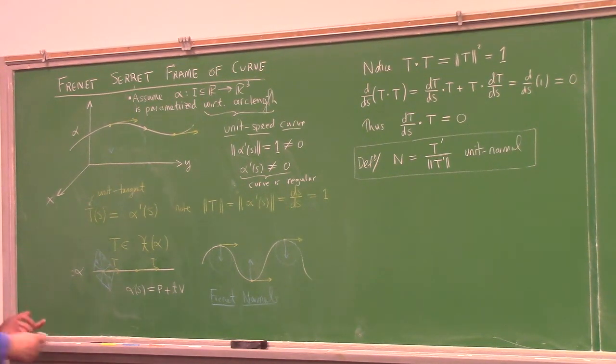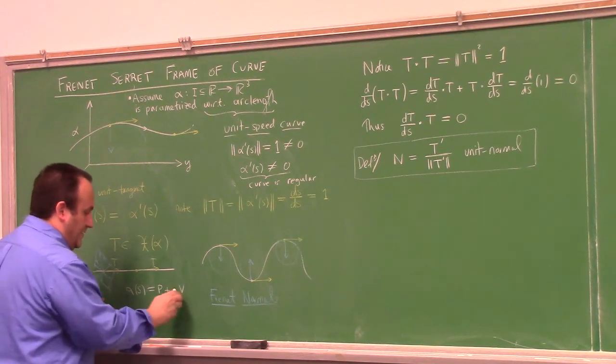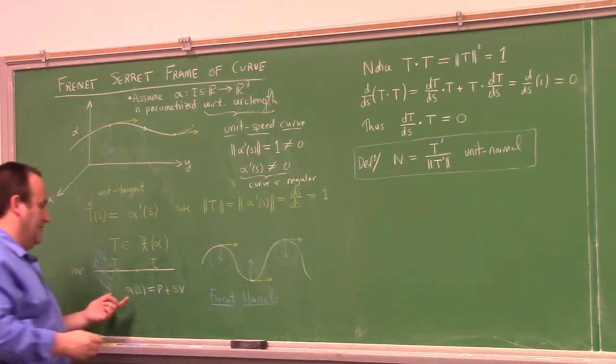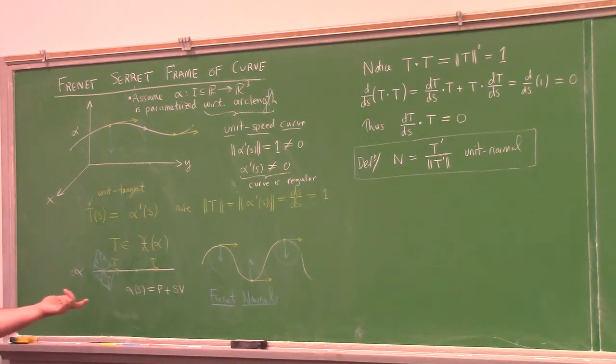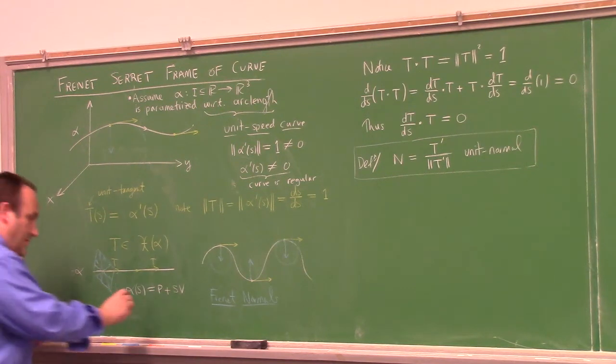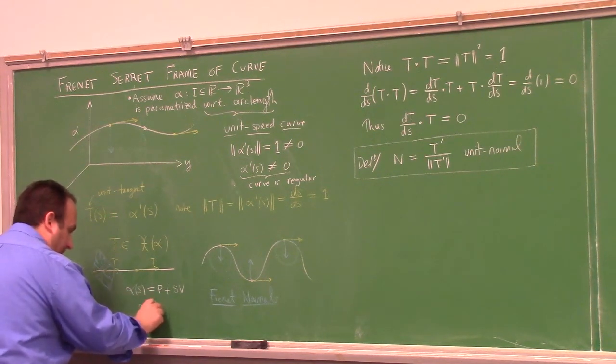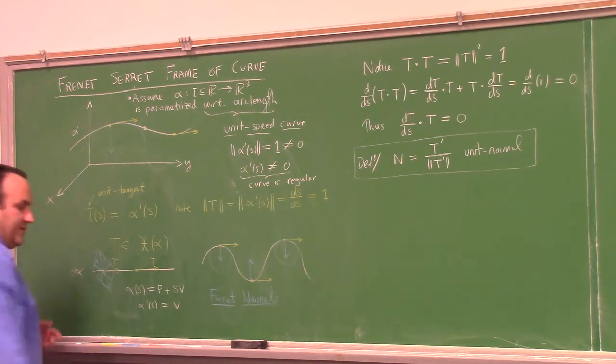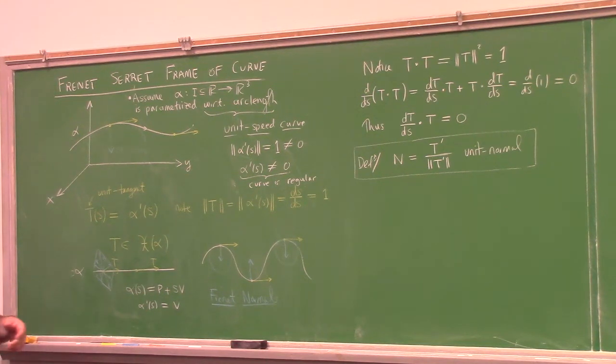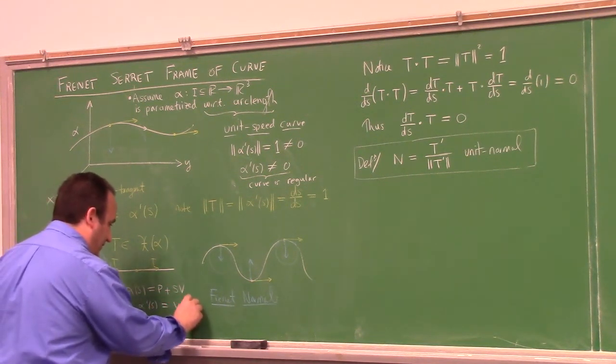I'm using s for the parameter here. So that's what a line looks like, parametrically speaking. What's the tangent then? The tangent vector is just straight up v, right? V is the T in this one. And what's T prime for a line?